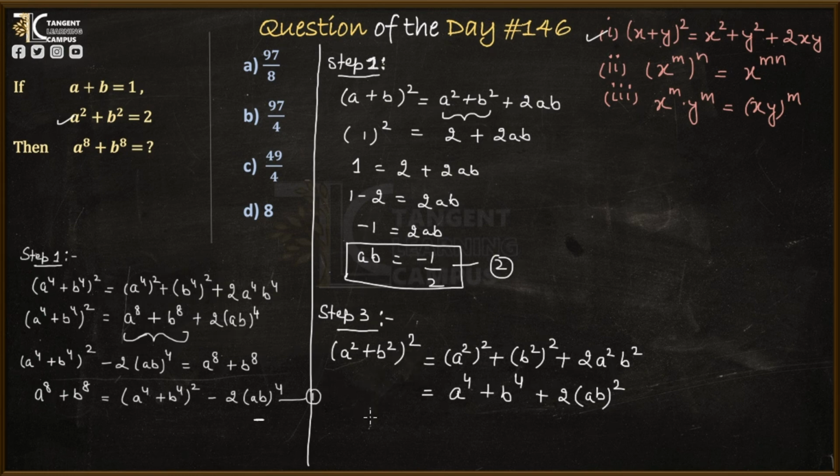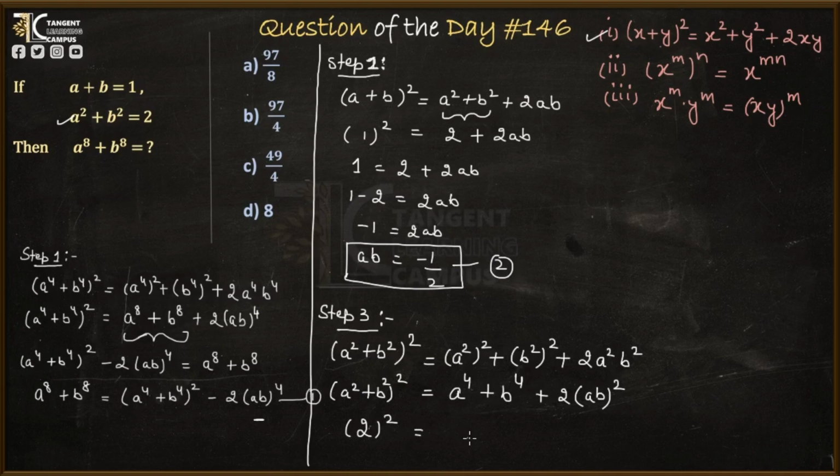Right, now we can put the values here. First of all, let us write this is equal to (A² + B²) whole to the power 2. So now we can put the values over here. We have the value of A² + B², so we can put the value of this as 2, and here we have the power 2.